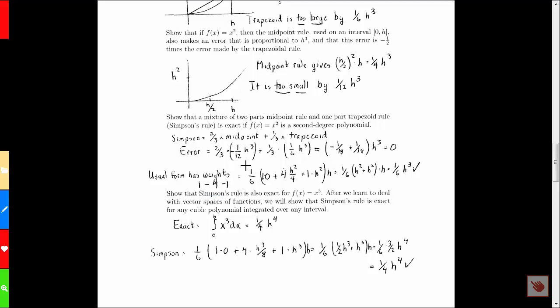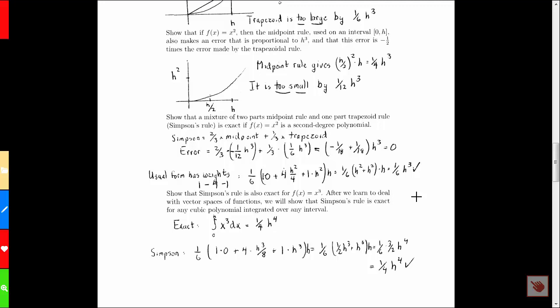So to apply Simpson's Rule in practice, you divide by the sum of the weights, which in this case is 6, and then you take a weighted average: 1 times the value at the left endpoint 0 plus 4 times the value of x squared in the middle, which is h squared over 4, plus weight 1 times the value of x squared at the right endpoint, which is h squared. That gives us 1/6 of h squared plus h squared. We have to multiply by the width h of the interval, and we get 1/3 h cubed, which agrees with the exact value of the integral.